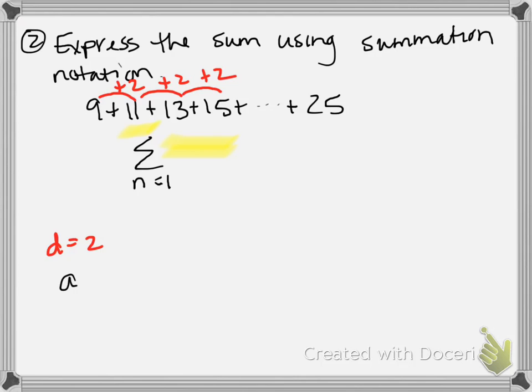I know that the formula for my rule is a sub n equals a sub 1 plus n minus 1 times d. Plugging in, I get my first term, which is 9. So I'm going to have 9 plus n minus 1 times my constant difference, which is 2.